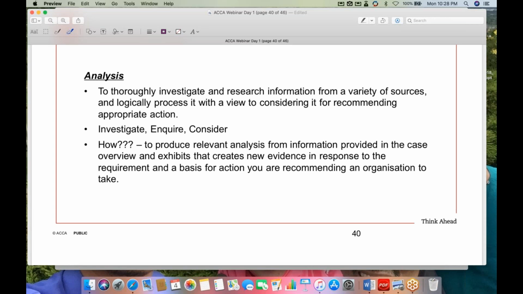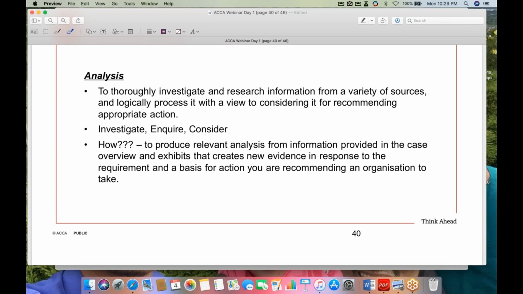And then after that, from that particular information that you have, okay, you are going to connect all your evidence together. For example, all right, if you are asked to analyze the financial situation of that particular company, before you are able to actually make some consideration or any recommendation for appropriate action, you need to actually look at the financial position of that particular company by doing some analysis.